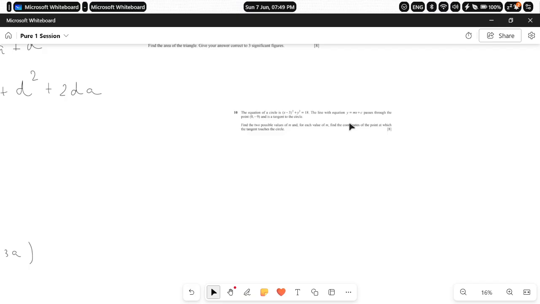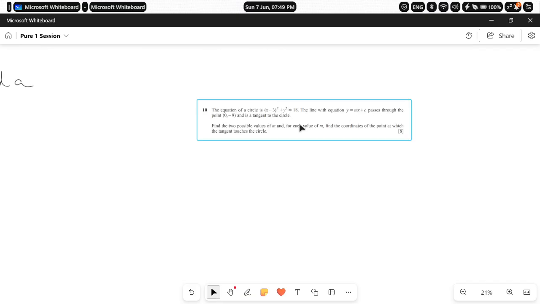The equation of a circle is this, and then you have the line with equation y is equal to mx plus c, which passes through the point 0 comma minus 9, and it's a tangent to the circle. So find the two possible values of m, and then for each value of m, find the coordinates of the point at which the tangent touches the curve.